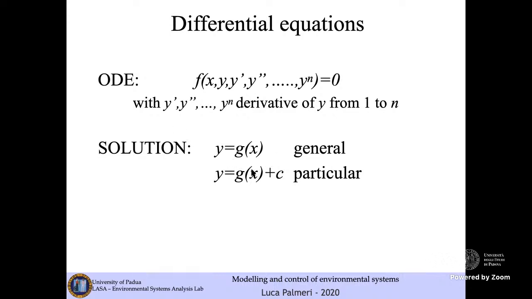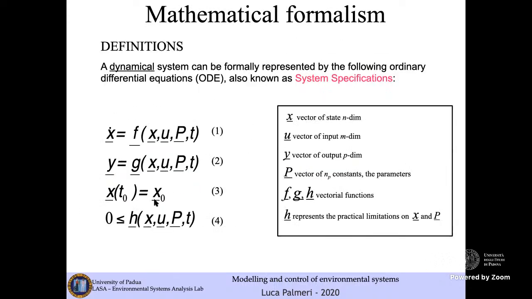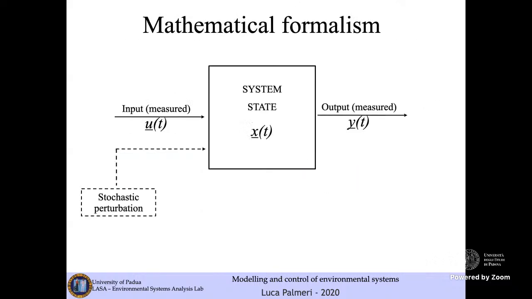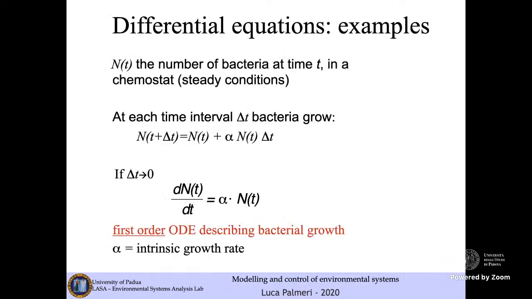This is the general solution, but by employing the third element here, the initial values of the state variables, I can find a particular solution of the ordinary differential equation, and then I obtain that the particular solution is epsilon equal to g, a vector function of a state variable vector, plus a constant. This is a particular solution. We will soon see some examples of this.